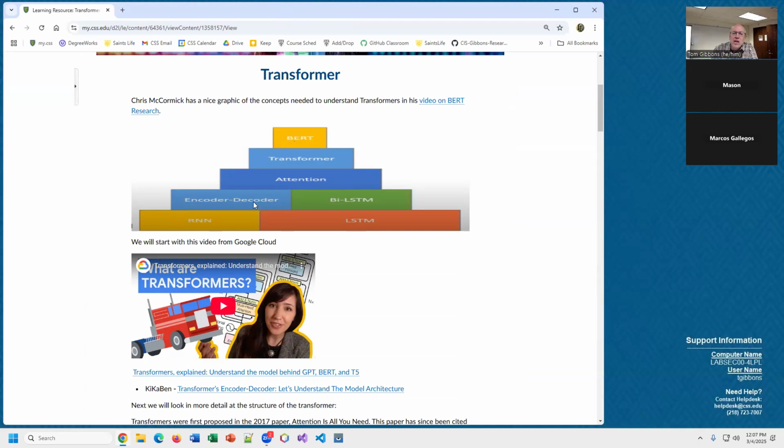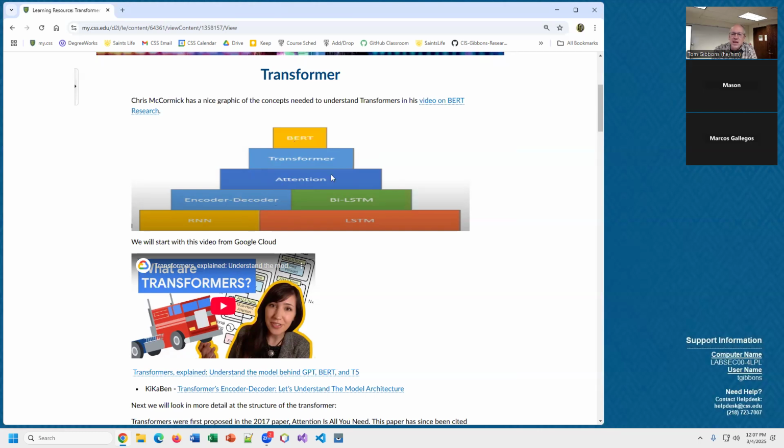We talked a little bit about encoder-decoder networks, these networks that would take a string of characters or an image and encode it into some internal representation and then decode it into another image or some text. We see this with text where we're taking English text, encoding it into an internal representation, and then decoding it into a different language.